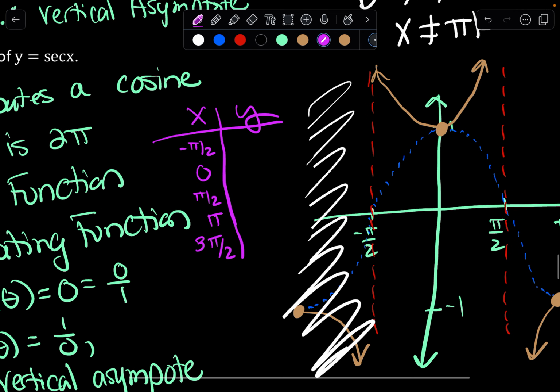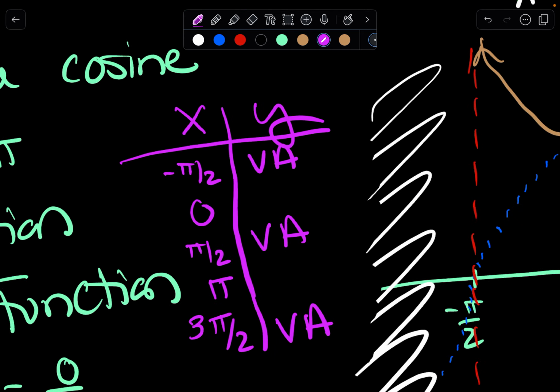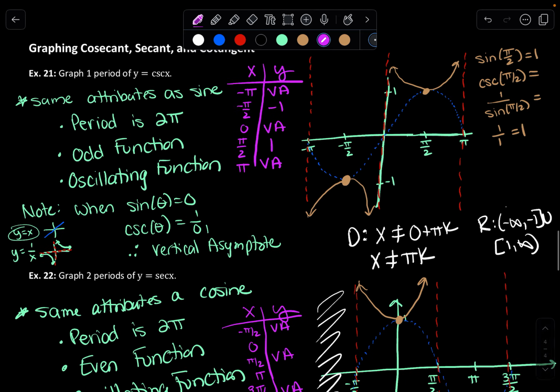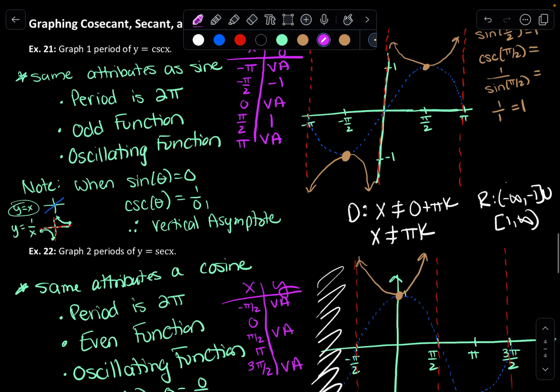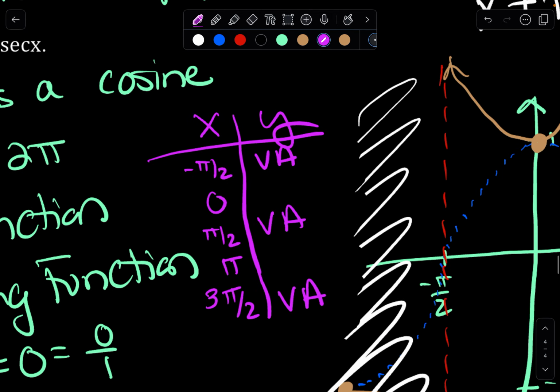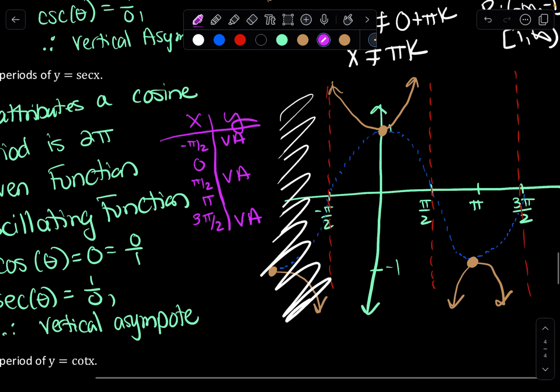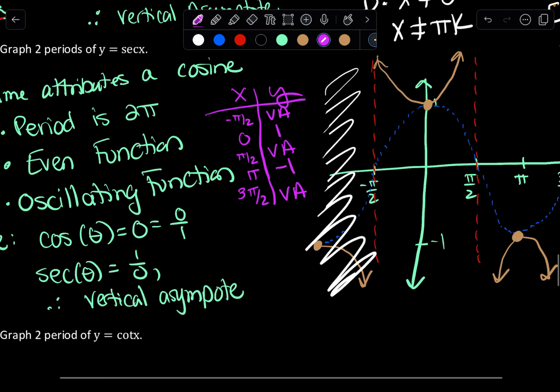All right, at -pi over 2, we have a vertical asymptote. And at 3 pi over 2, a vertical asymptote, and at pi over 2 a vertical asymptote. This is another reason it aligns better with cosecant when you do this, because we start and end with vertical asymptotes. And then secant is just flipped from cosecant, so we have +1 and -1.